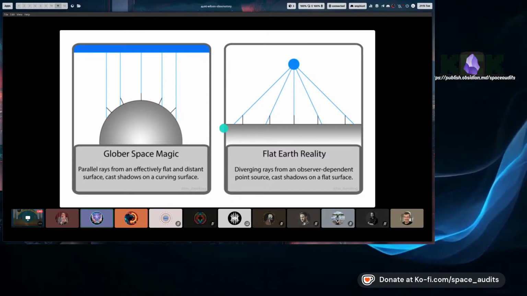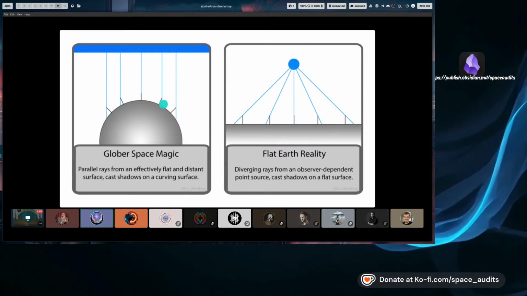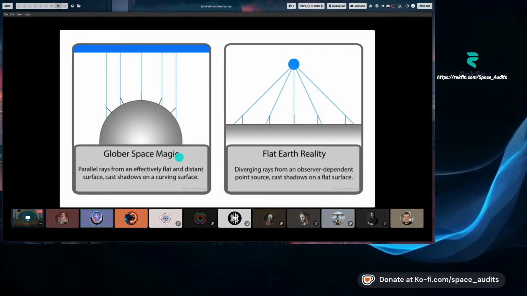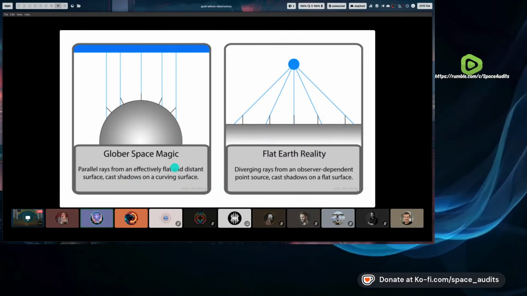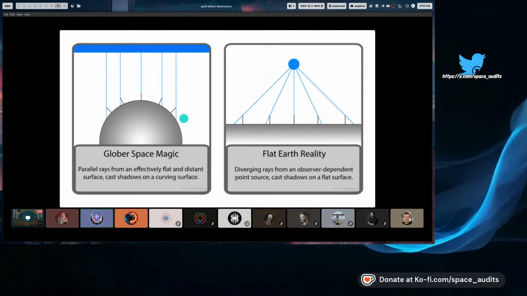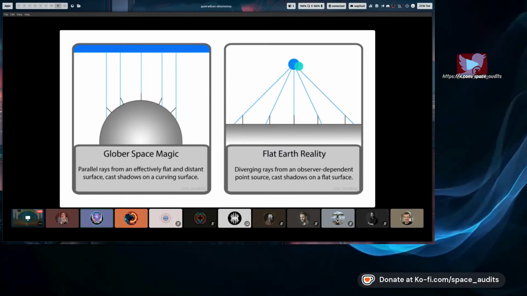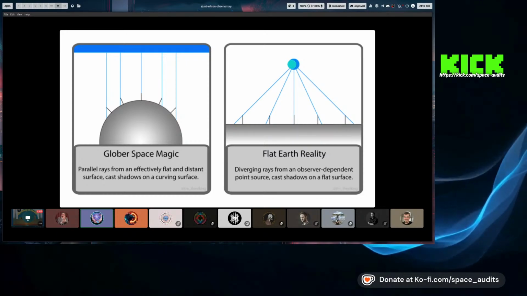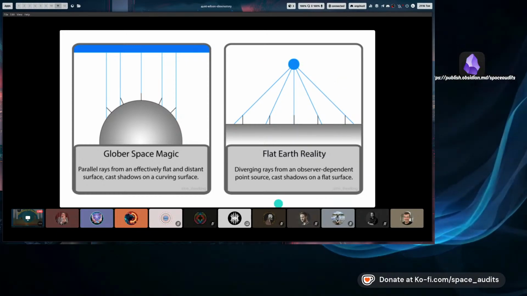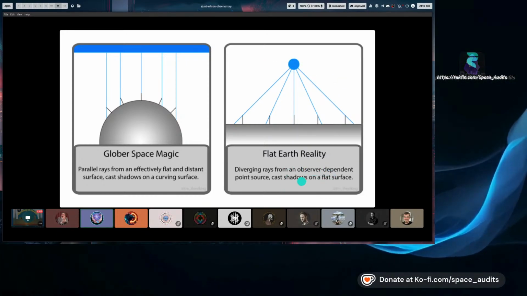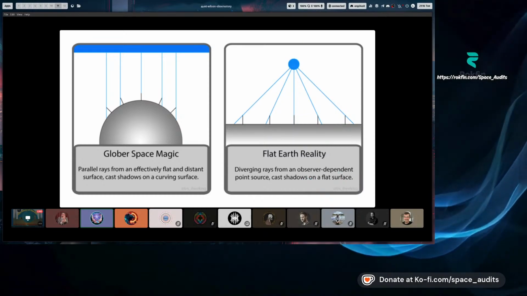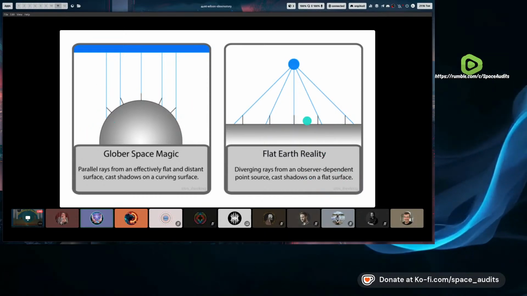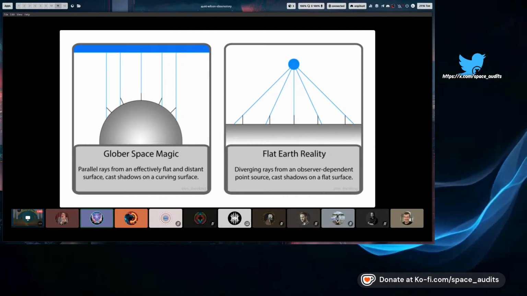As our boy Viking put out, either you get globe space magic with parallel rays from an effectively flat and distant source casting shadows on a curved surface, or what it appears to be everywhere and what is measurable here in the lab frame, every empirical reality where every observer ever has recorded: diverging rays from an observer-dependent point source casting shadows on a flat surface. And again, these can be equivalent because they have varying frames of interpretation.